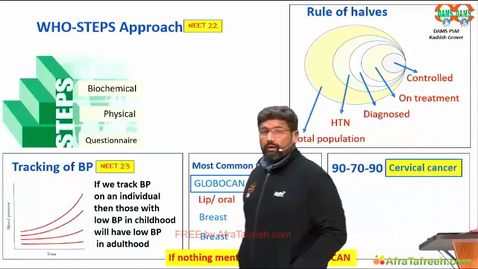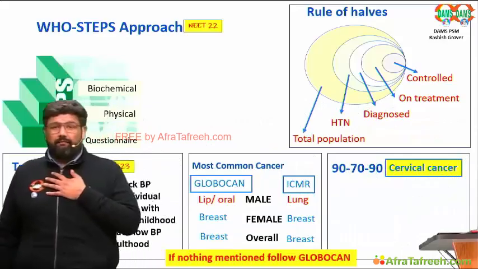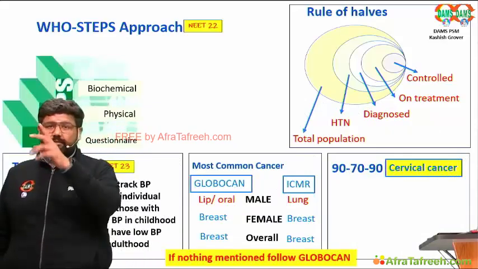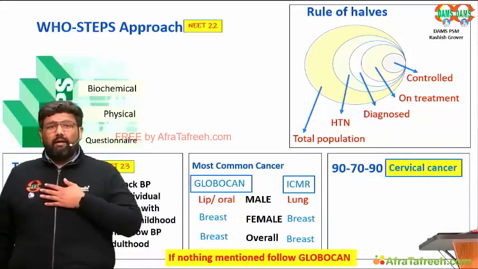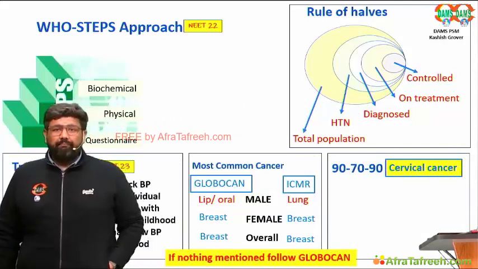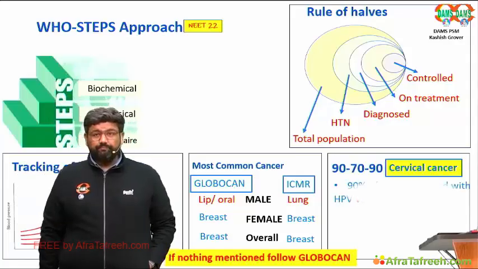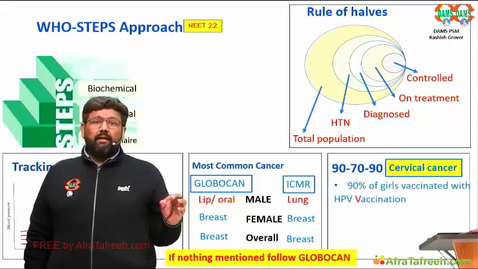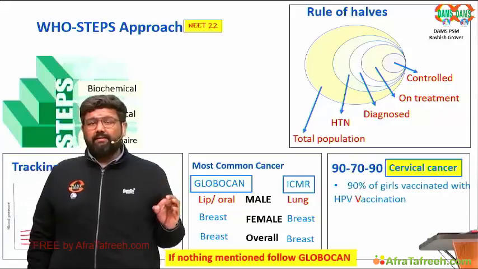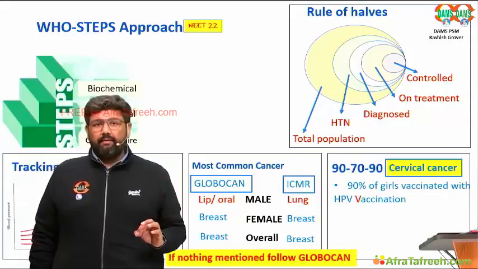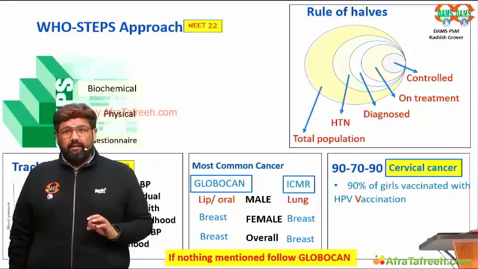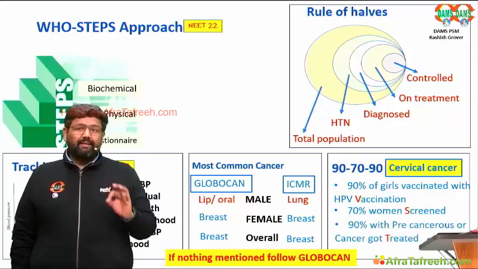Now coming to one important topic, I have a gut feeling: 90, 70, 90. This is very important for your exam. I have a gut feeling they may ask this in the exam. 90, 70, 90 is for cervical cancer. 90% of girls should be vaccinated with the HPV vaccine. 70% of eligible women should be screened.